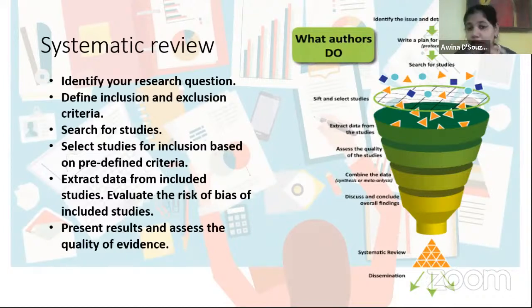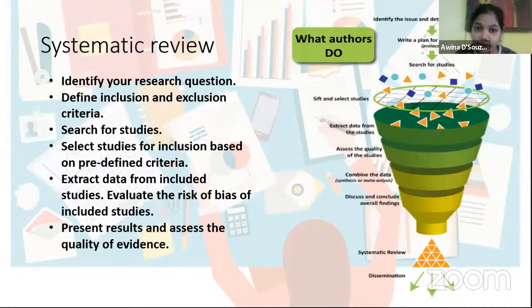Embase is one of the best. Cinahl, Cochrane Library, and Embase are mostly systematic review sources, where you get a lot of systematic reviews. From other sites you get general reviews too.